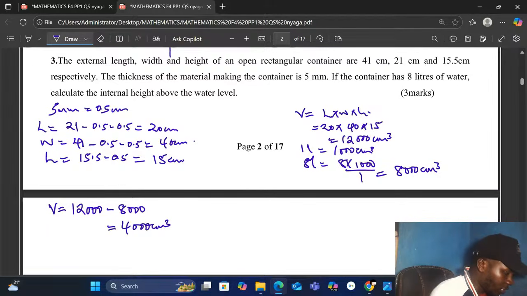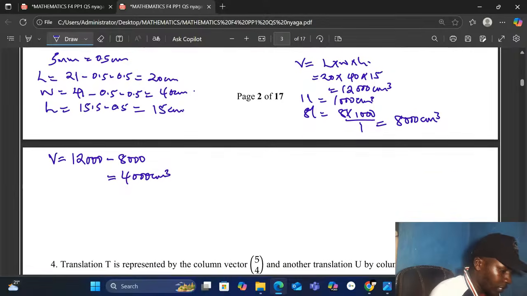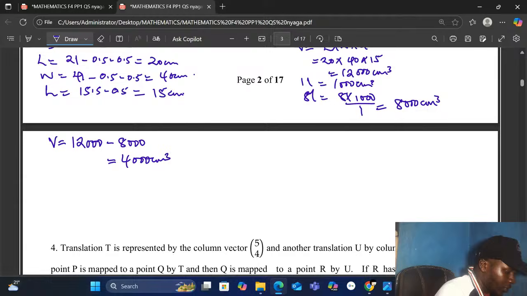Now we know the length and the width. So we have 20 times 40 times the height that we don't know, which gives us 4,000 cubic centimeters.